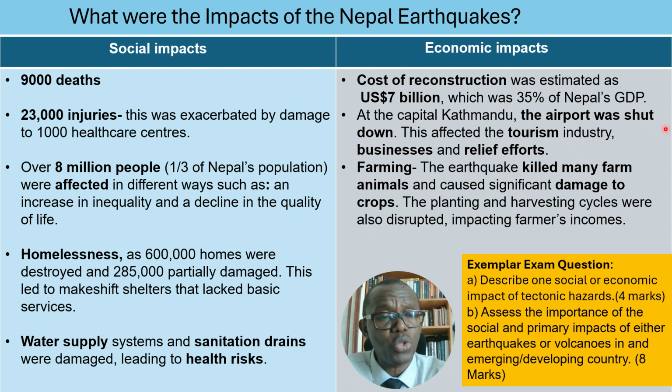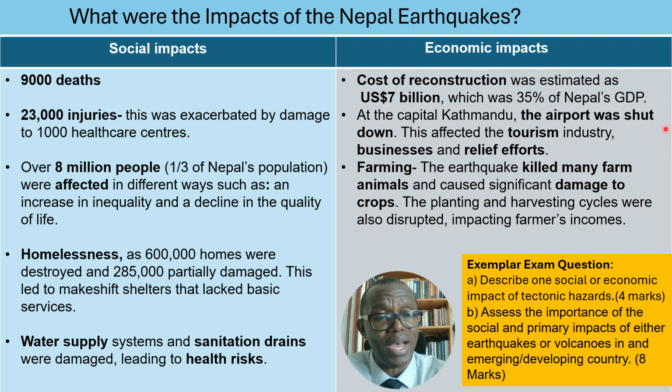Now, if we move on to the injuries, there were 23,000 injuries. Now, this was also exacerbated by damage to 1,000 healthcare centers. So the healthcare centers as well are likely not to have been built to withstand earthquakes either, and therefore they collapsed.